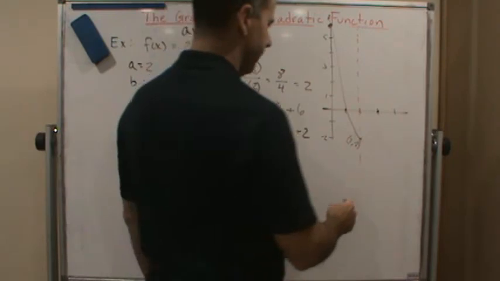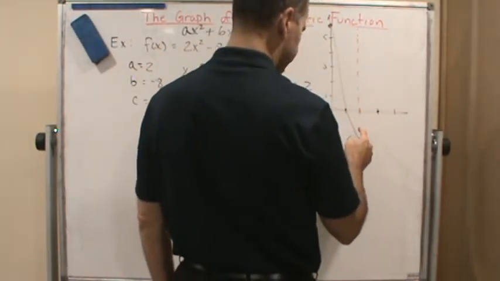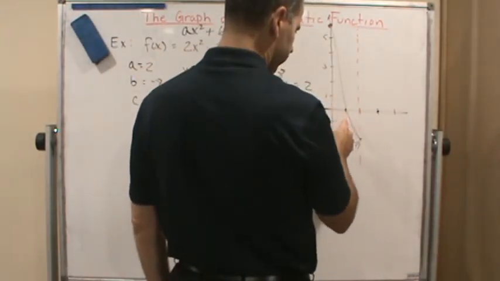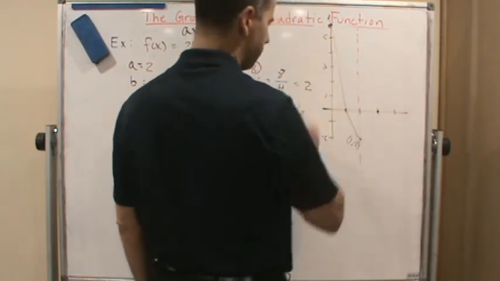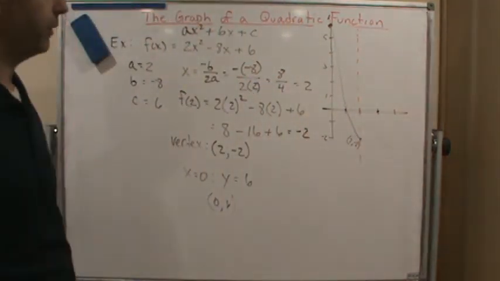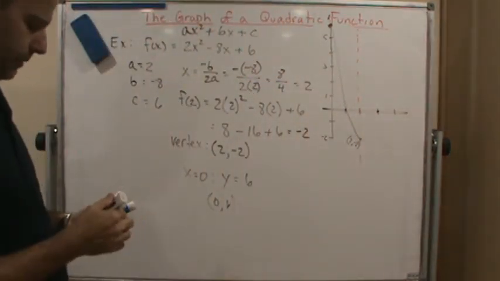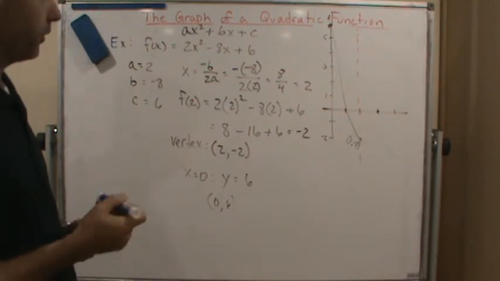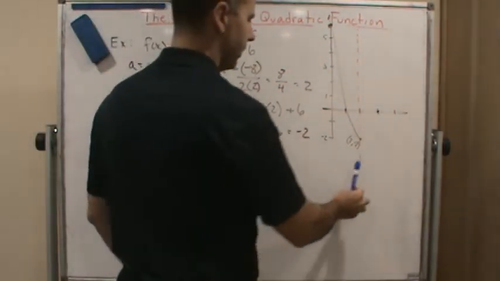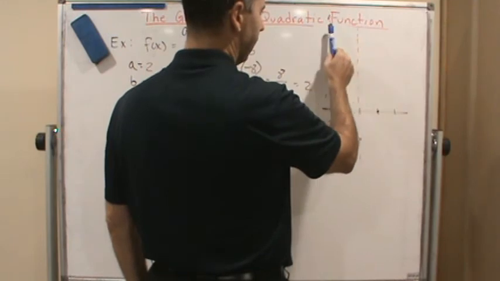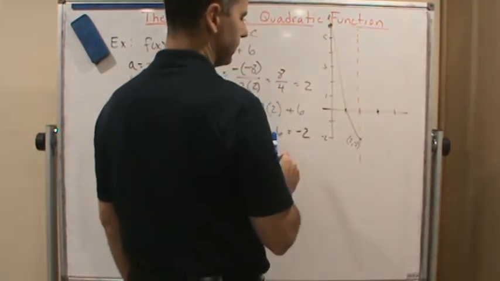But we can find a third point to graph. So we've got this point and this point, let's say. We could find the third point by using the fact that we've got this line of symmetry and we've got 0 comma 6.